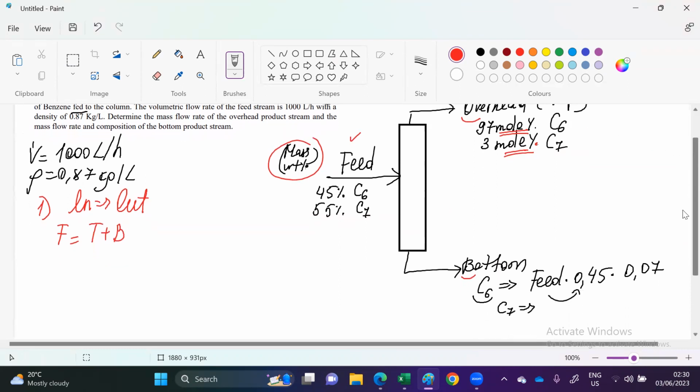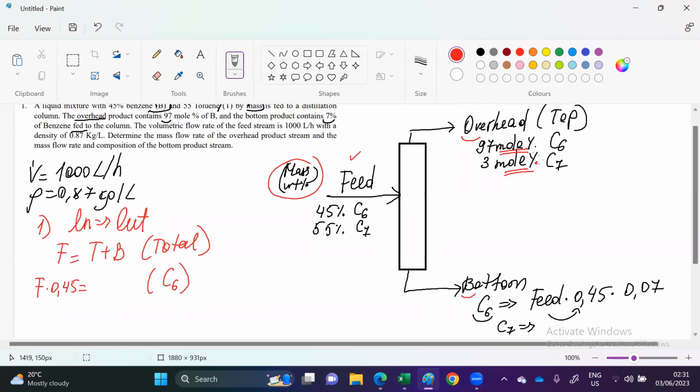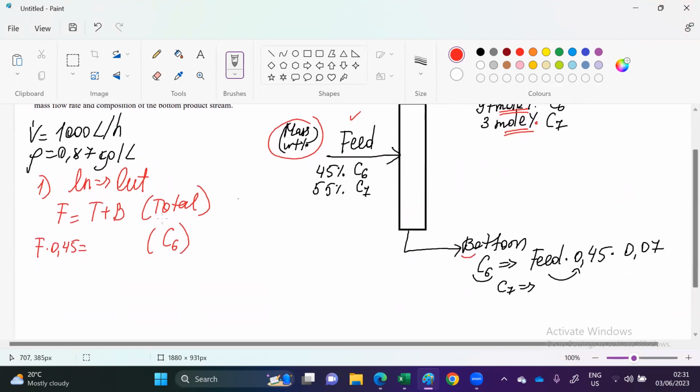So this is also correct for the individual compositions. This is the total balance. Let's write it for C6, benzene. In the feed, how much composition of benzene do we have? It will be 0.45 F, equal to, what about the top? In the top it's a mole percentage. That's why, in order not to confuse you, I will write just T, and for the bottom, B. Then 0.45 multiplied by F equals T times the top composition plus B multiplied by 0.07.